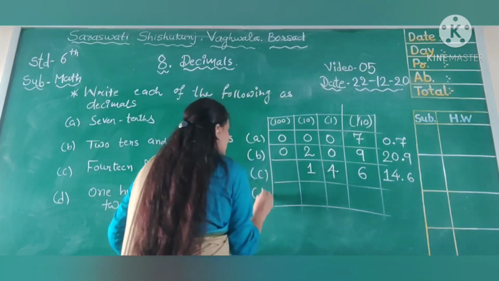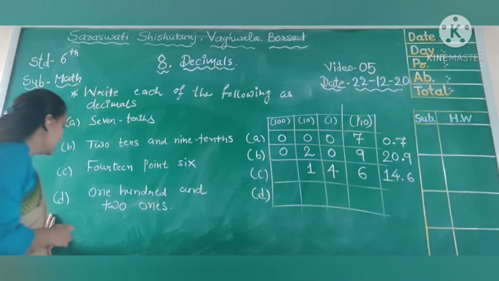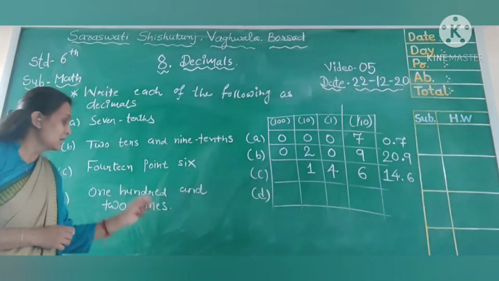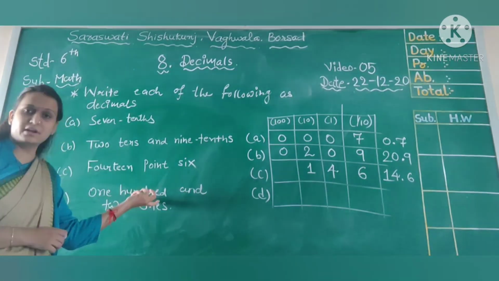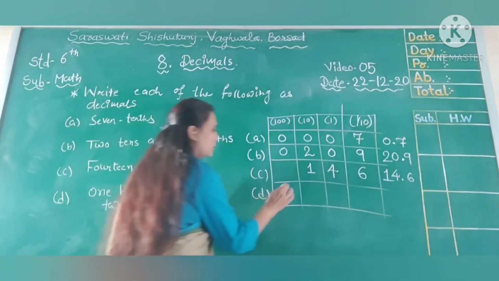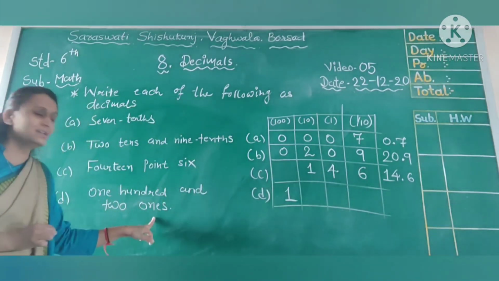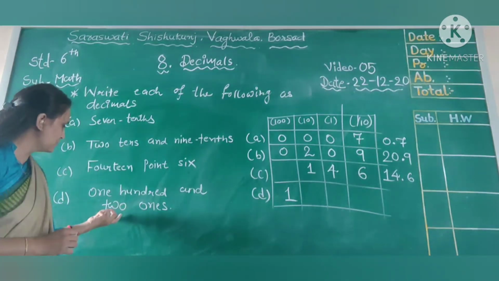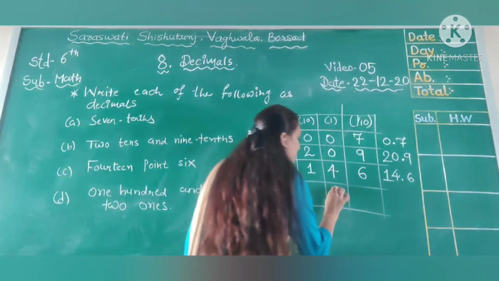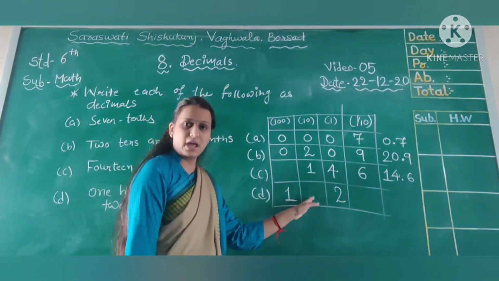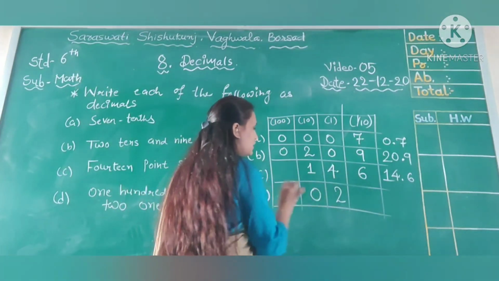Now let us understand the D number. In the D number we have been given 100 and 2 ones. 1 is at the hundreds place, so we have to write 1 at the hundreds place. Then 2 is at the ones place, so we have to write 2 at the ones place. Now you can see in the tens place we have been given nothing, so it is 0.